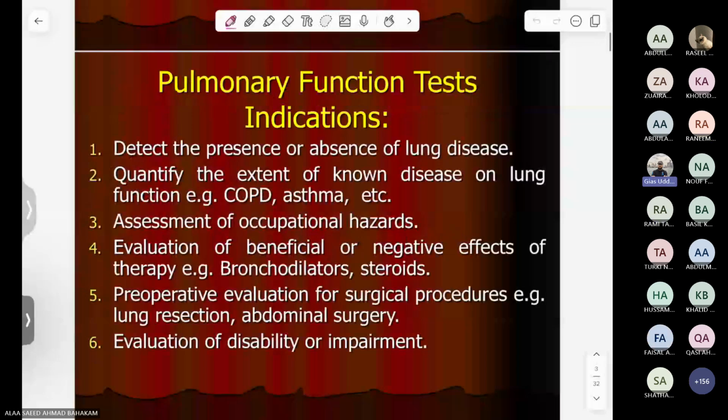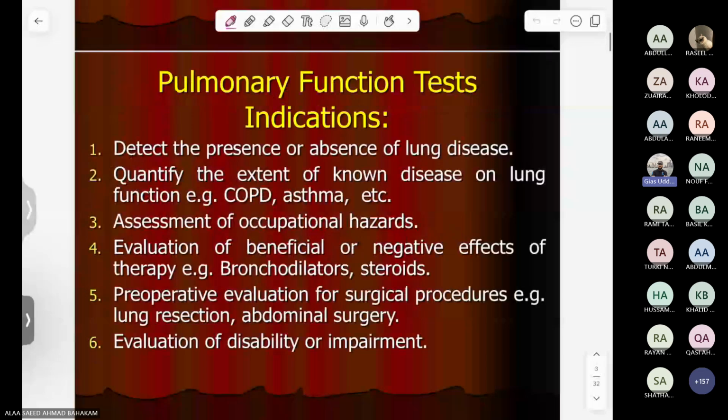Can you give me an example of those diseases? Emphysema, chronic bronchitis. So these are called COPD, and asthma. So we can quantify the extent of the disease.